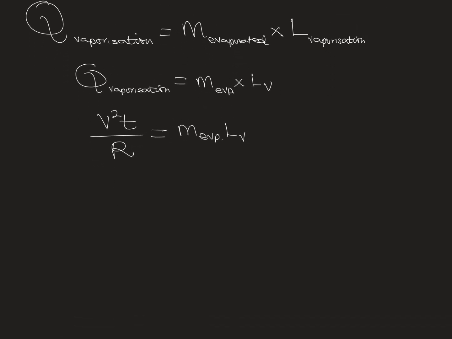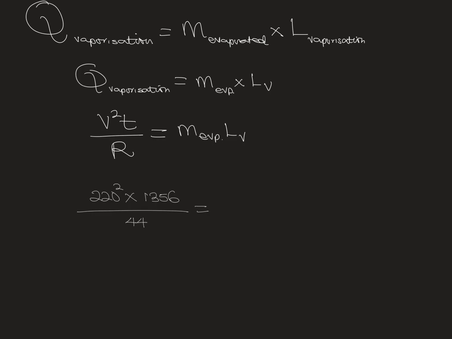The voltage given is 220, so that will be squared, multiplied by the time taken during the period of vaporization, which was 22.6 minutes. If you convert that to seconds by multiplying it by 60, you'll have 1,356 seconds, divided by the resistance, which is 44 ohms. This is equal to the mass of the water that has evaporated, given in the question as 660 grams.